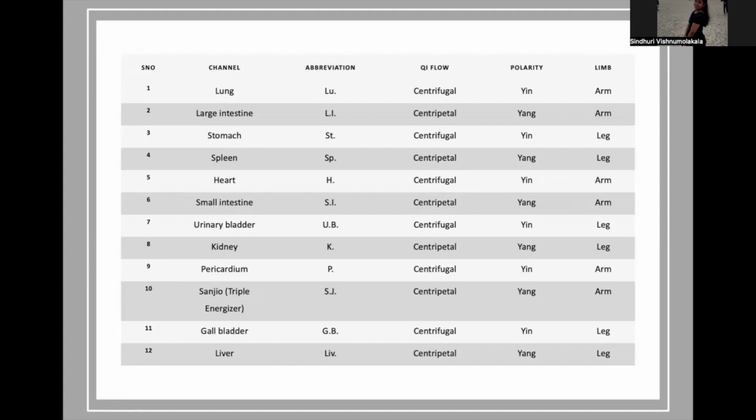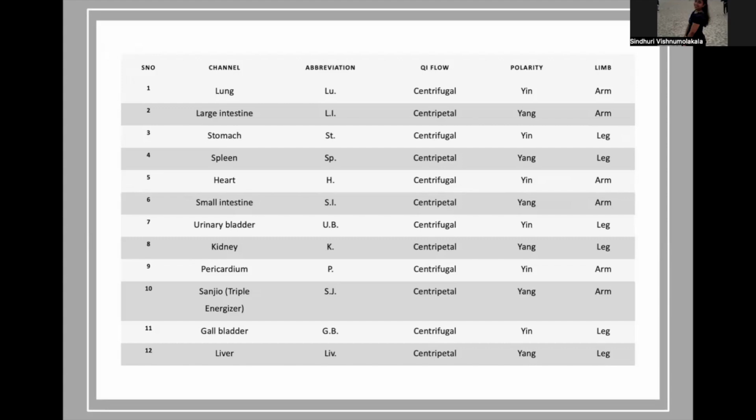The yang channels of the arm are large intestine, small intestine, and Sanjiao, also known as triple energizer.